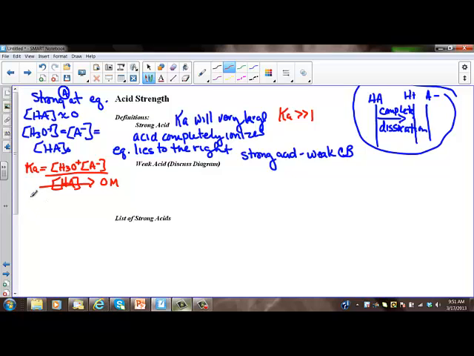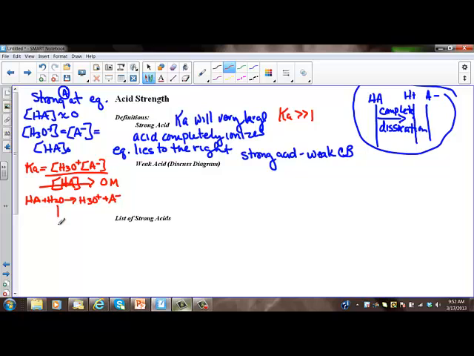Now, what would this look like in an ice table? And yes, I know I'm not giving you an example yet, but it is important that you understand this because this is what we're going to actually be doing with these acids and bases. So I have my HA plus my H2O yields H3O plus and A minus.